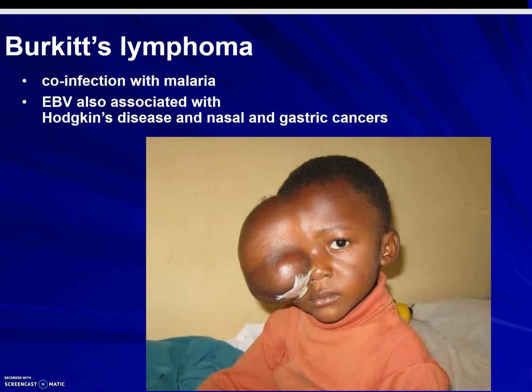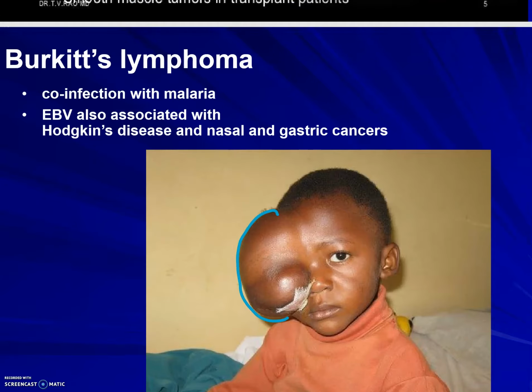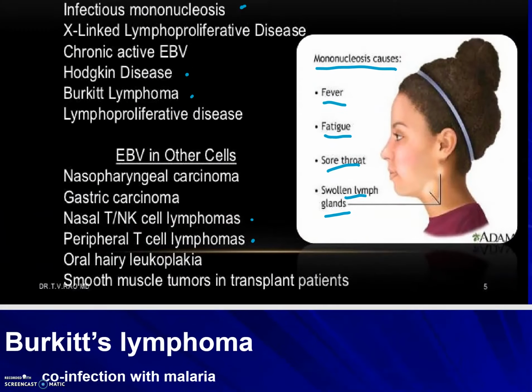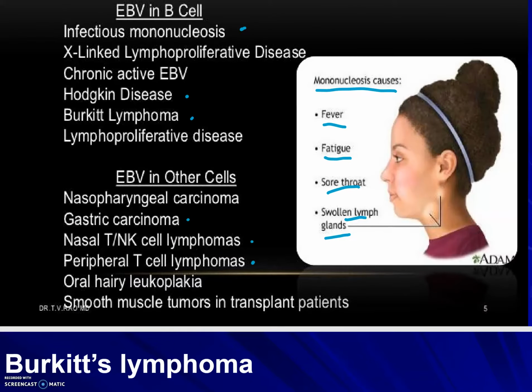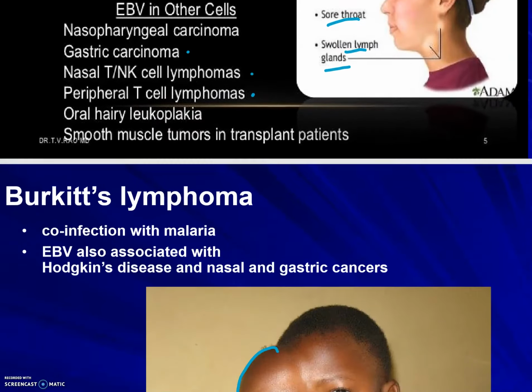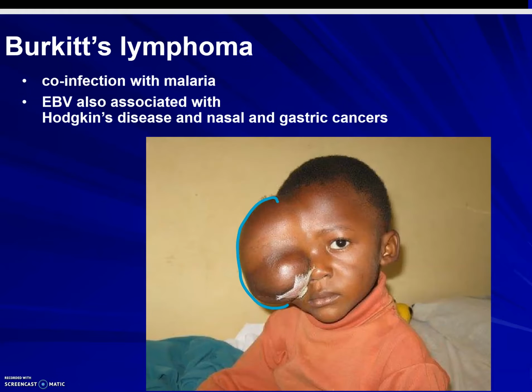Here, a co-infection with malaria causes this massive extra growth right here, this cancerous type of growth. And Epstein-Barr virus is also associated with Hodgkin's lymphoma, and then the nasal and gastric cancers that you had up here as well. Gastric carcinoma right here.